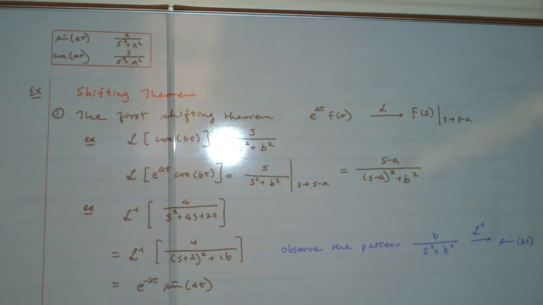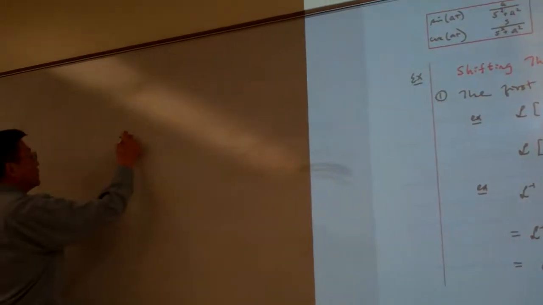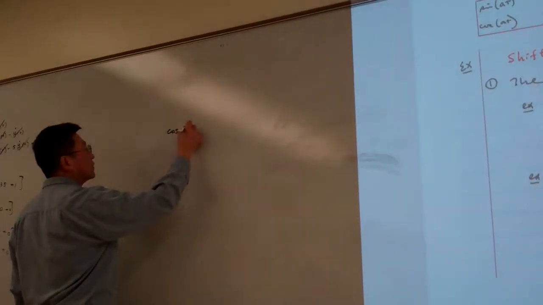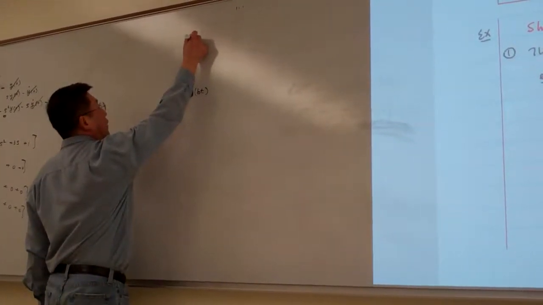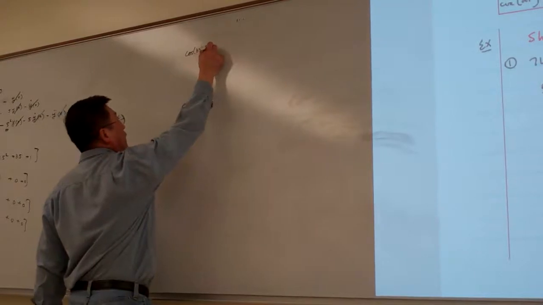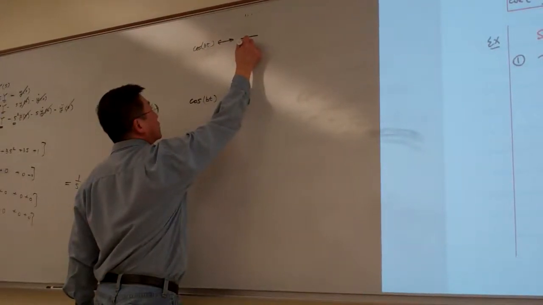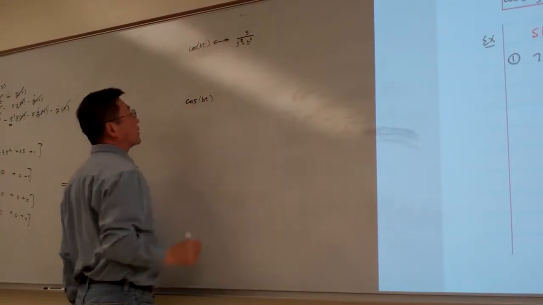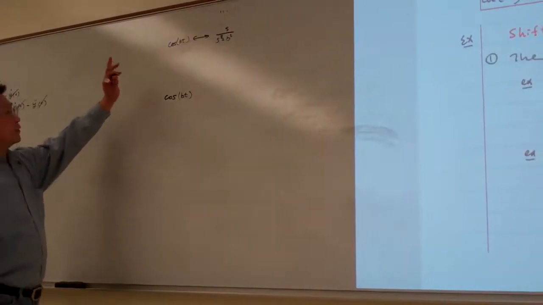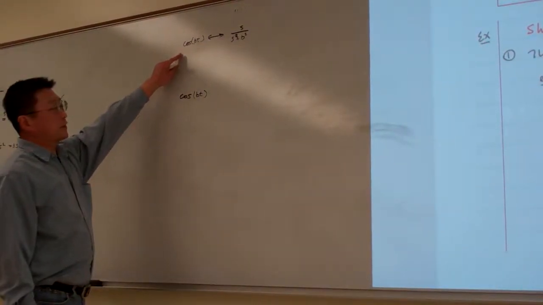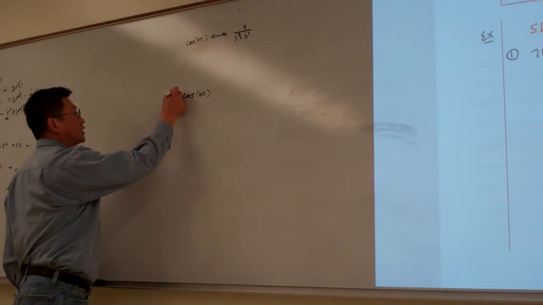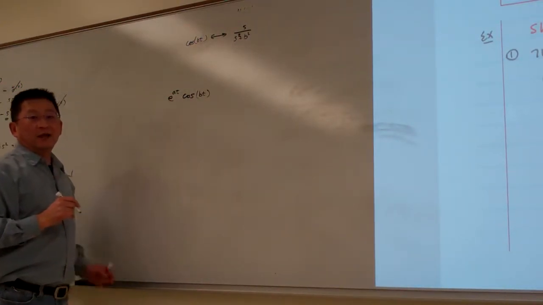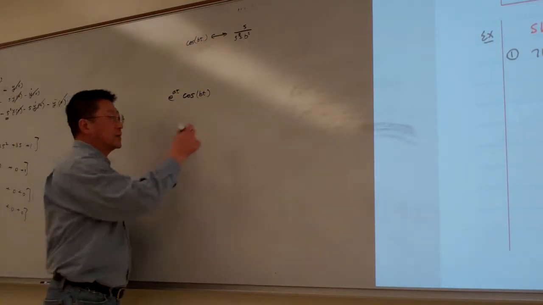Look at here. Let me use cosine bt. First, from the Laplace transform tables, we know the corresponding transform is s over s squared plus b squared. So you check out the form from the table, and if that function is multiplied with an exponent function like this, then its Laplace transform is this.